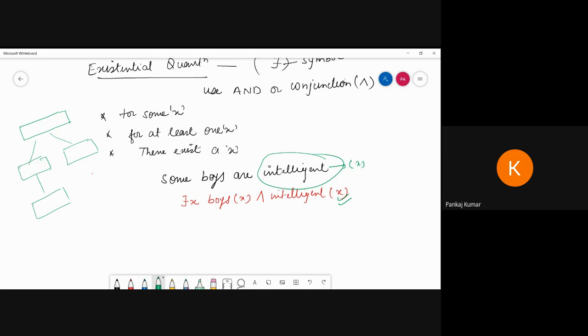So that is called the conceptual graph. Don't worry, I am going to discuss what the conceptual graph is and its different types.